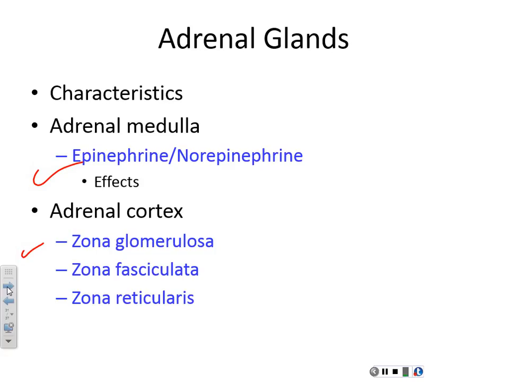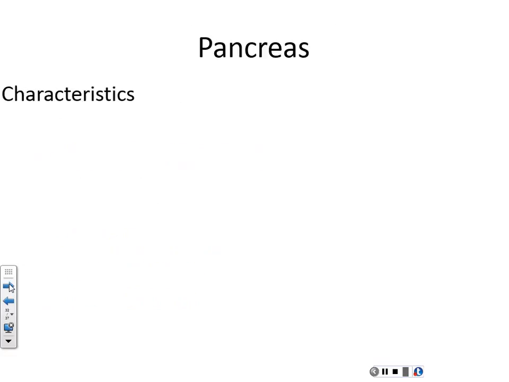The zona fasciculata produces glucocorticoids like cortisol, which mobilize glucose and the conversion of fat and proteins to glucose. And then the zona reticularis produces the gonadocorticoids like androgens, which are the precursors for testosterone and estrogen, the reproductive hormones. So know about those layers and what they are producing.